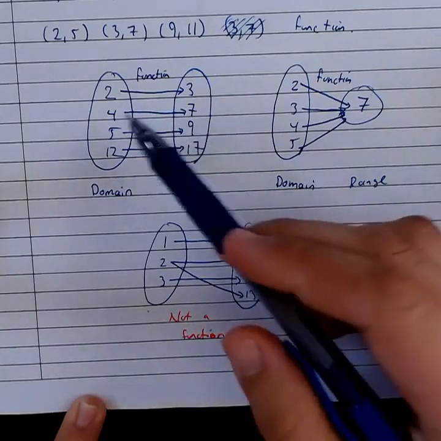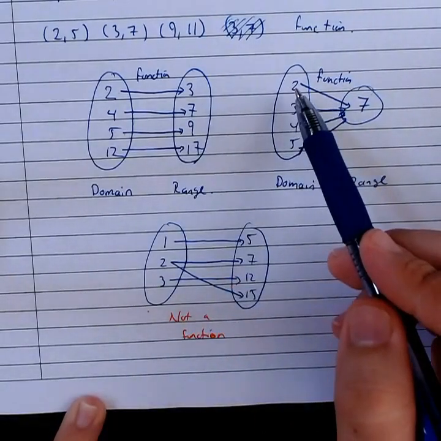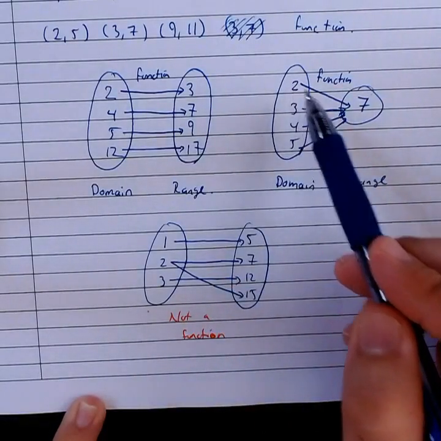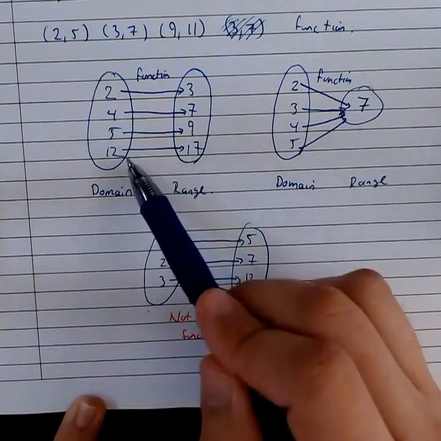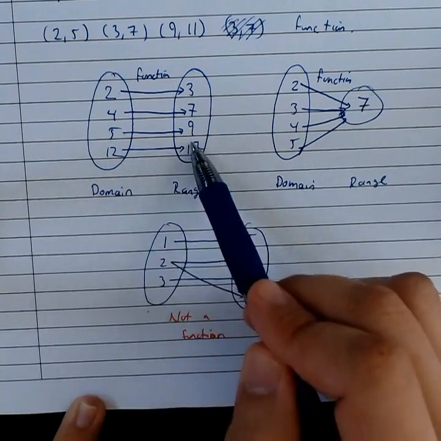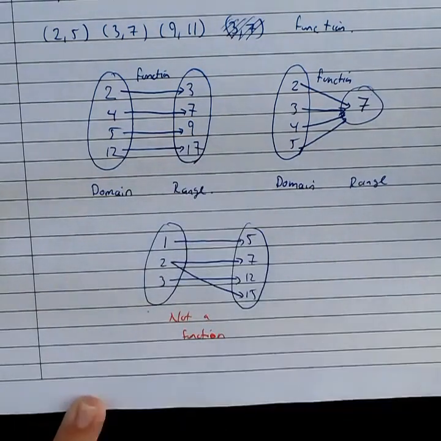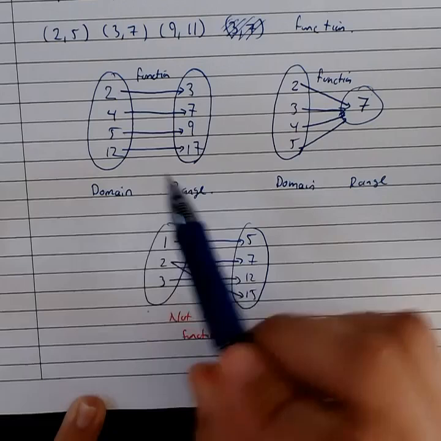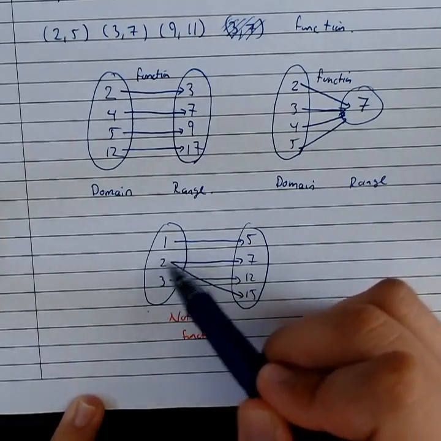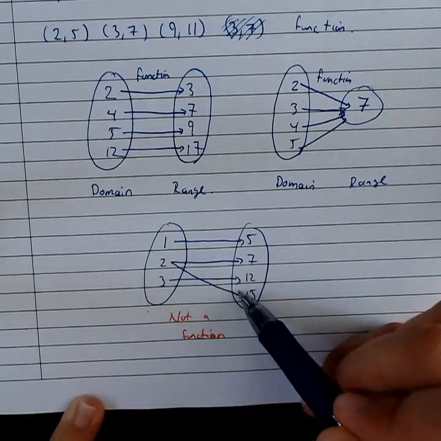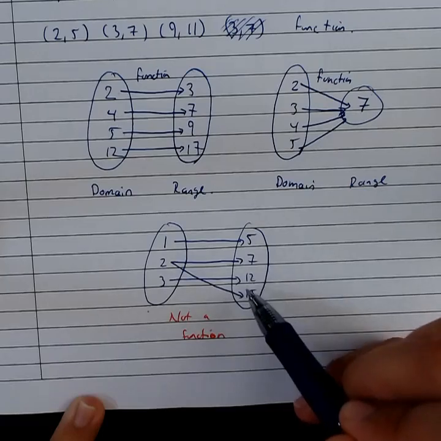Meaning that for every one of these, once I tell you what the first entry is, it automatically tells you what the second entry is. There's no choice. If the first entry here is 12, the second entry must be 17. There is one and only one correct answer. Here, if I tell you what the x value is, if I tell you what the first entry is, you have no idea what the second entry is. It could be either of these.